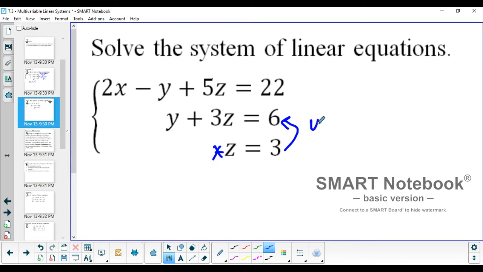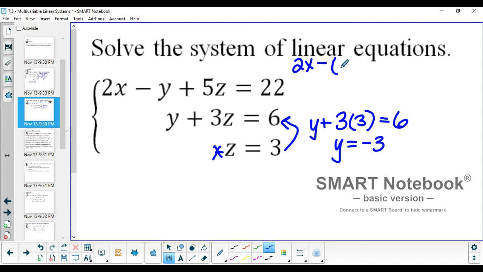And we are going to get y plus 3 times z, which is 3, is equal to 6. 3 times 3 is 9. Subtract 9 from both sides. y is equal to -3. Now I plug my z and my y into my first equation here. So I'm going to have 2x minus y, which is -3, plus 5 times z, which is 3, equals 22.